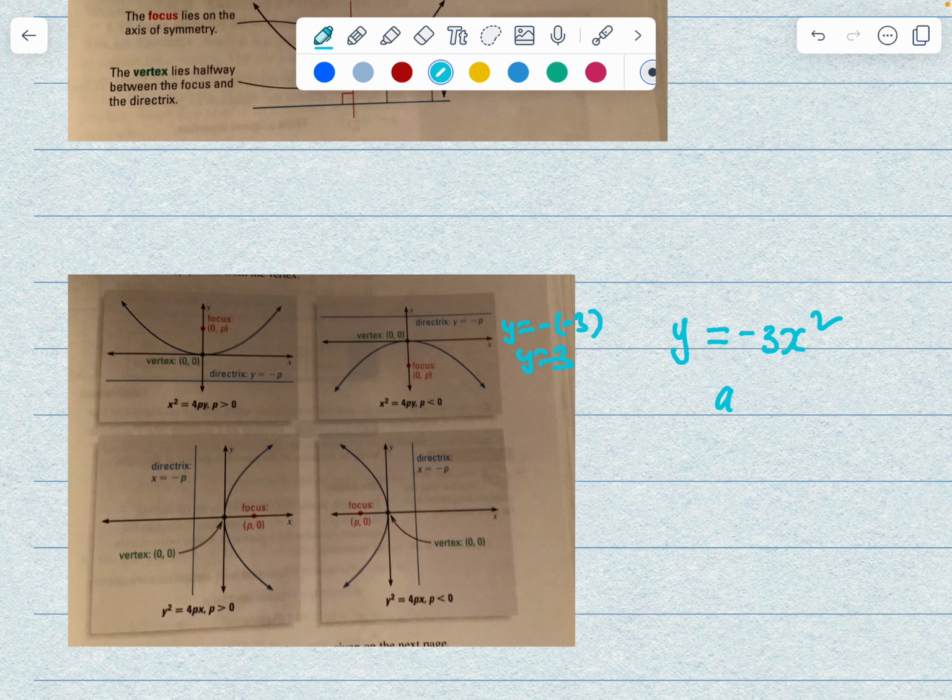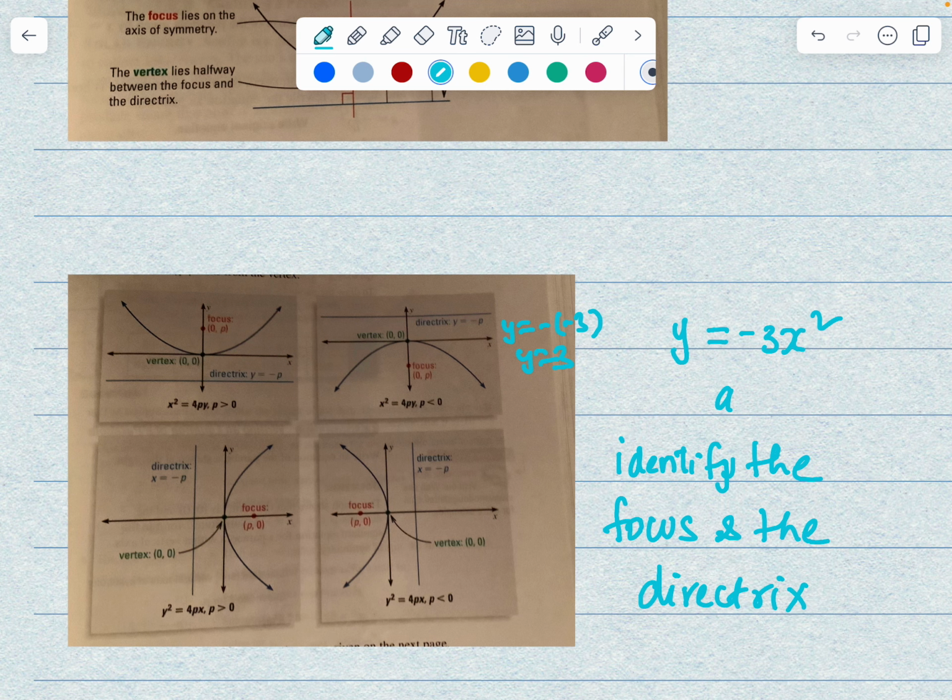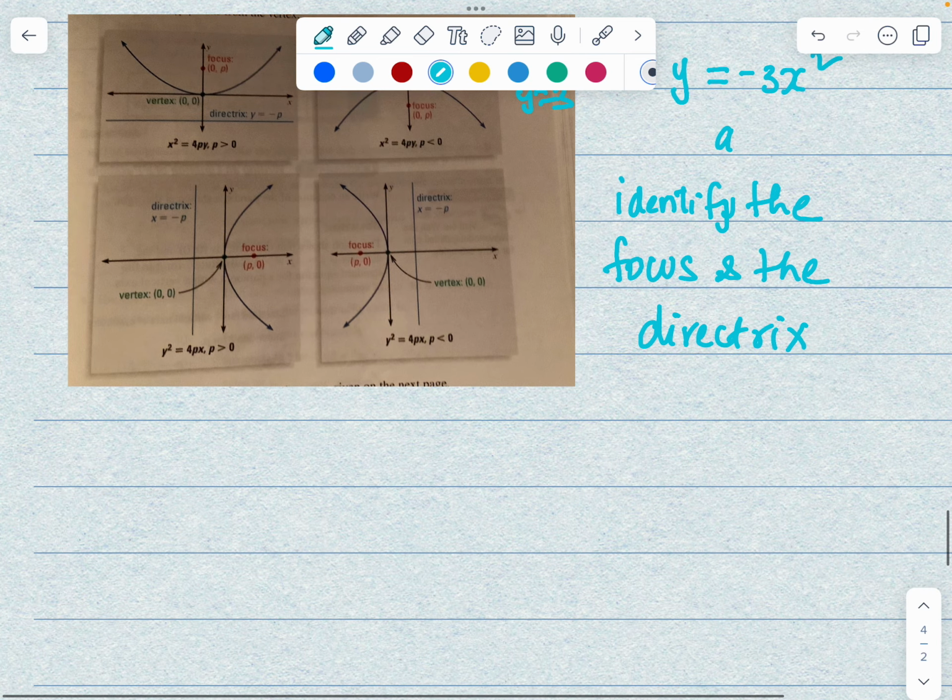And then you may also get questions where you are asked to identify the focus and the directrix. Okay, so let's look at an example where we can do that.